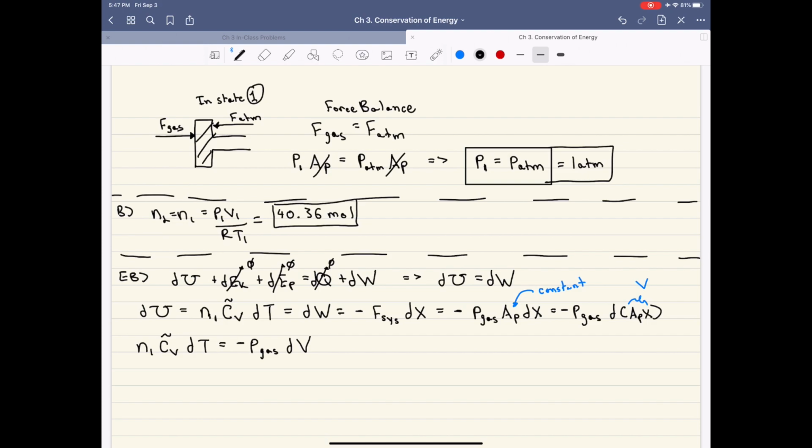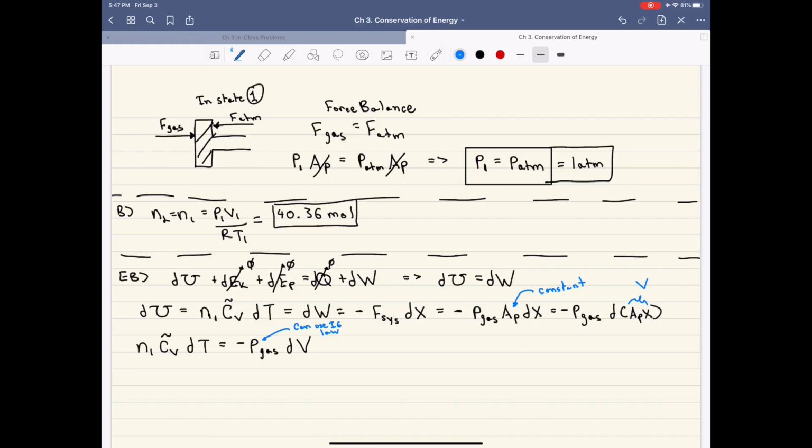And so if the system is at equilibrium at all times, that means that we could describe the pressure of the system, the pressure of the gas, by using the ideal gas law. Okay? And so this is in contrast to practice quiz problem 1, where the compression was happening so rapidly that the pressure or the force that was acting against the gas was constant.